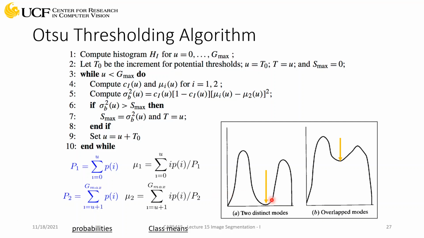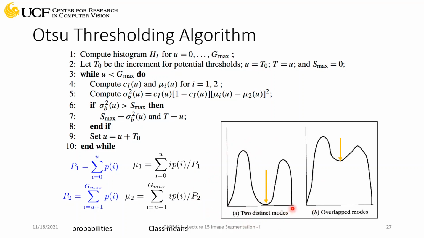So the probability of a pixel belonging to the foreground will be, you can just sum all these pixels divided by the total pixels in your image. So that's the probability, right? And to get the probability of a pixel belonging to the background class, you just take all the pixels in the background, sum them and divide by the total number of pixels.